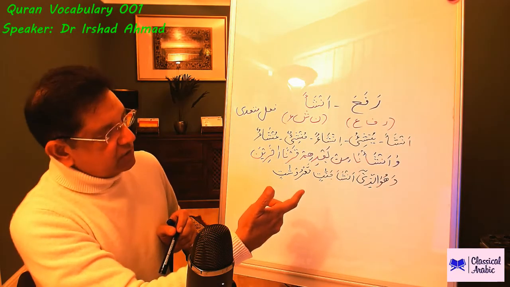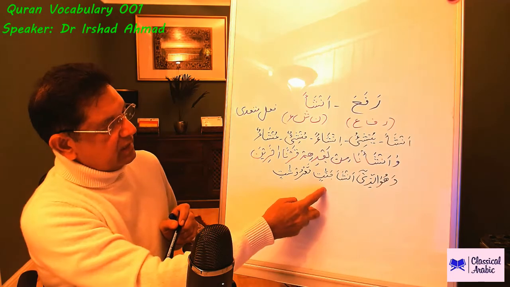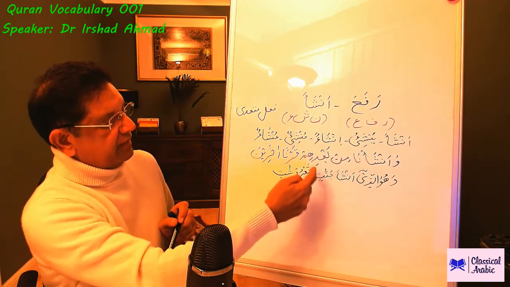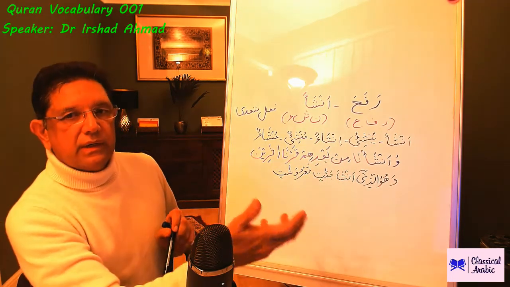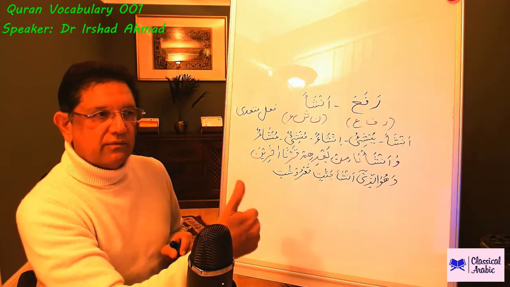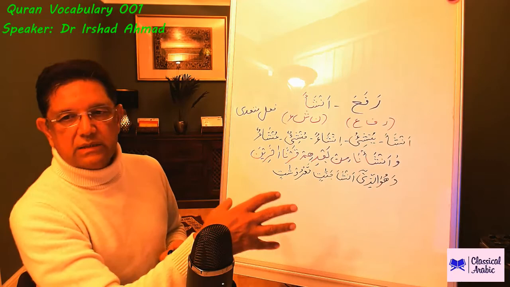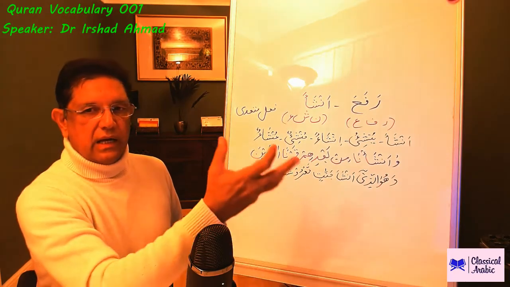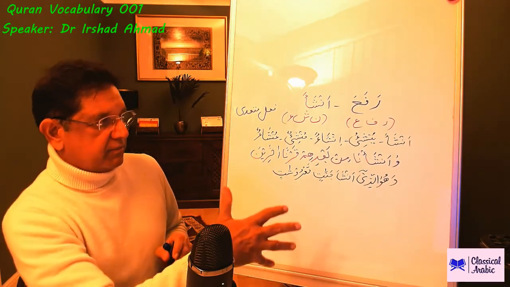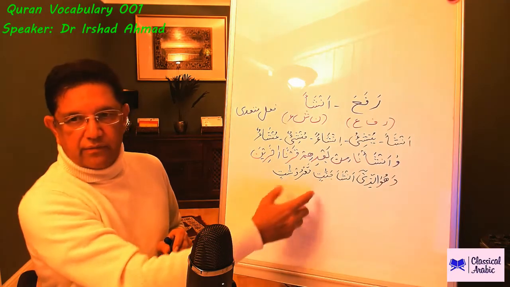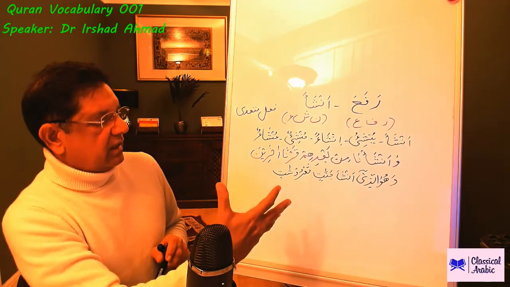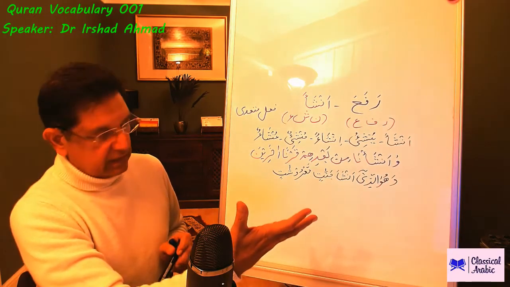So here there's a meaning of creation. Here there is a kind of meaning of raising, bringing another generation. Once one generation has been destroyed completely, one village has been destroyed completely, another has been raised at that place. And this is kind of creation, as in creation of plants, for example.